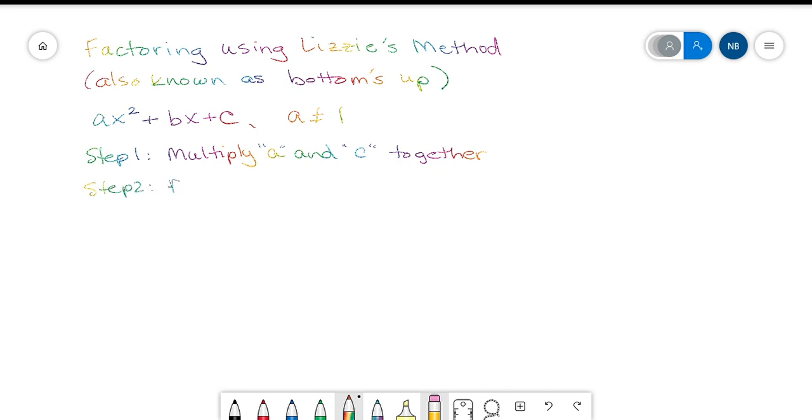Find factors of ac, excuse me, which add up to b. B is the coefficient of the middle term. Notice this sounds just like product sum. The only difference is our product is AC instead of just the constant term.